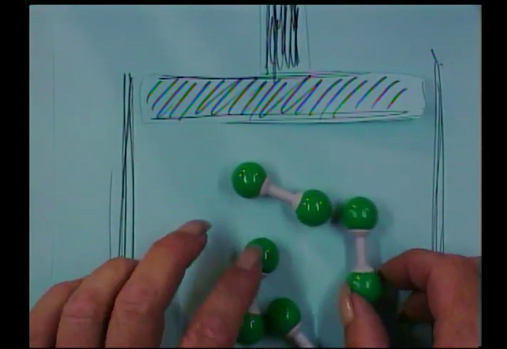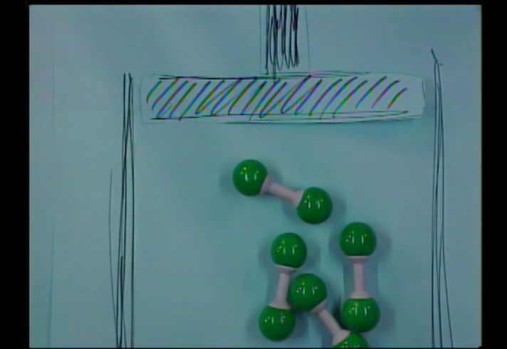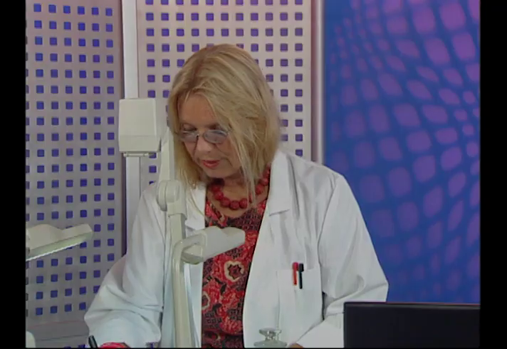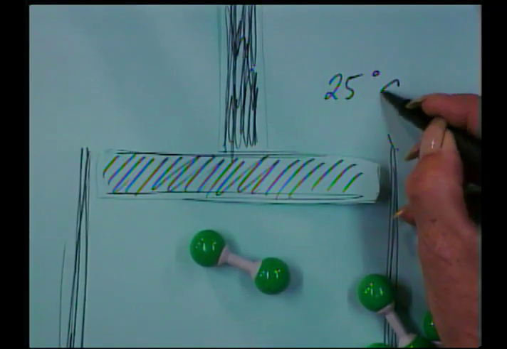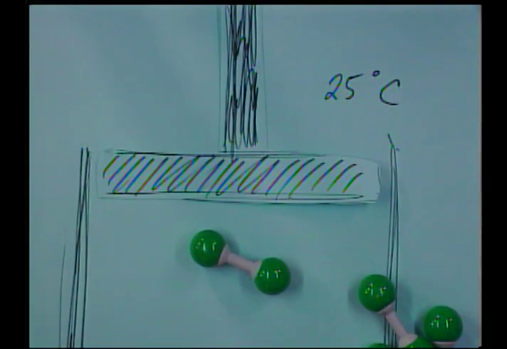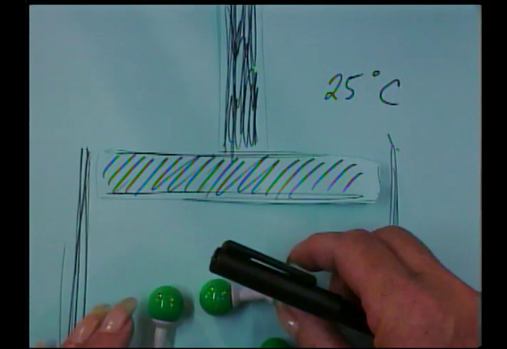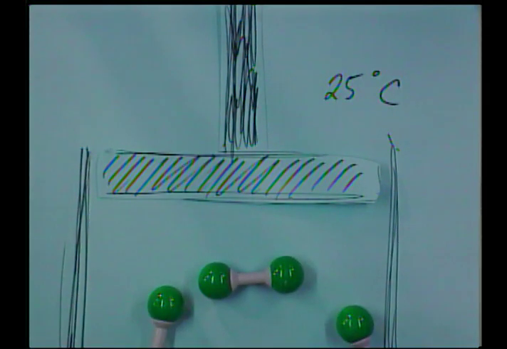So they are a little bit more dilute in this representation. So the pressure is pretty weak. We have already mentioned that the temperature is about 25 degrees centigrade, right? So that's the constant outside temperature, which the gas particles adapt to by virtue of their kinetic energy.